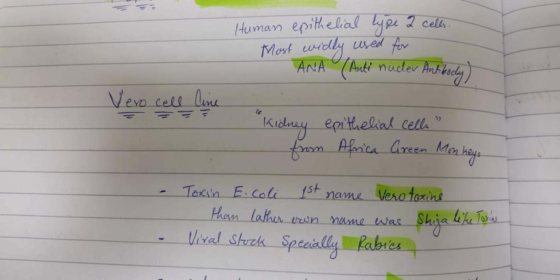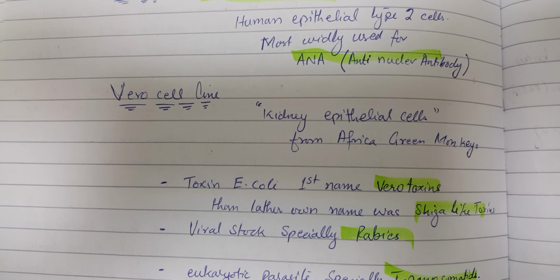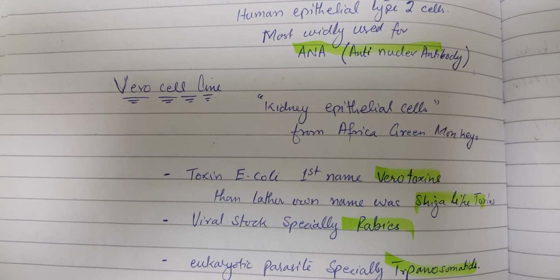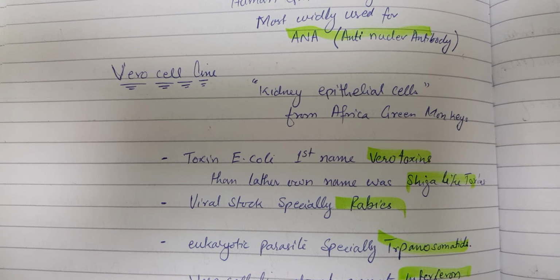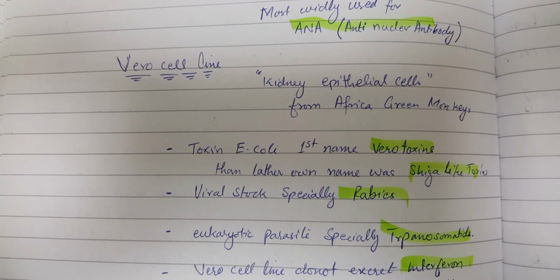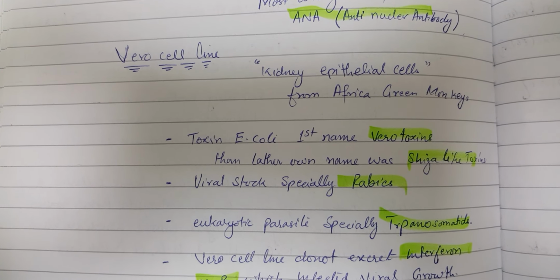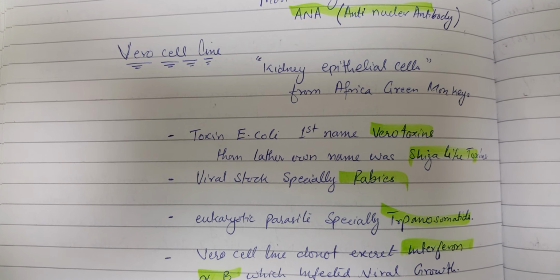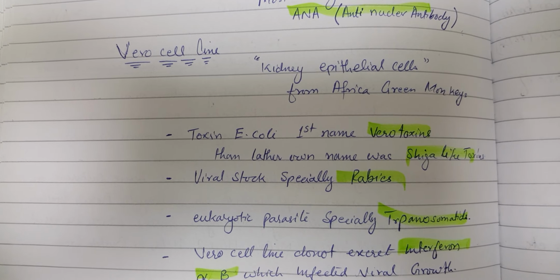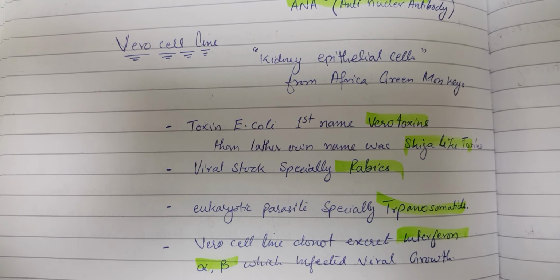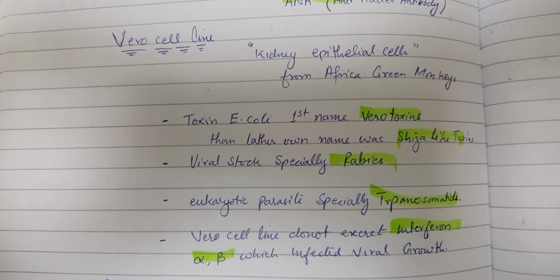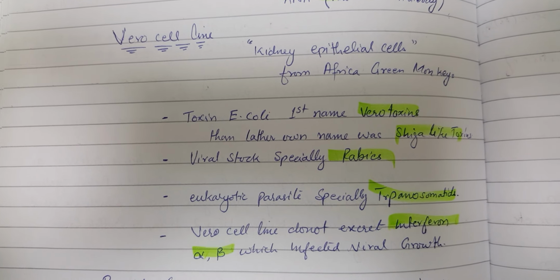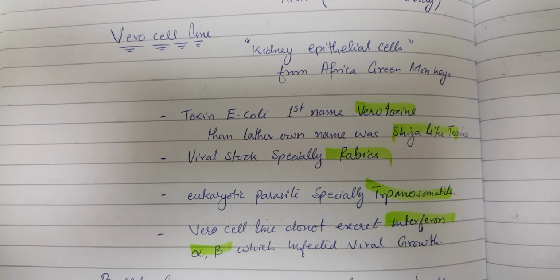Basically, Vero cells were first used to isolate the toxins of E. coli, which were named verotoxins, and later named Shiga-like toxins. Viral stock, especially rabies, can also be achieved on Vero cell lines. Eukaryotic parasites, especially trypanosomes, can also be preserved and grown on these cell lines.